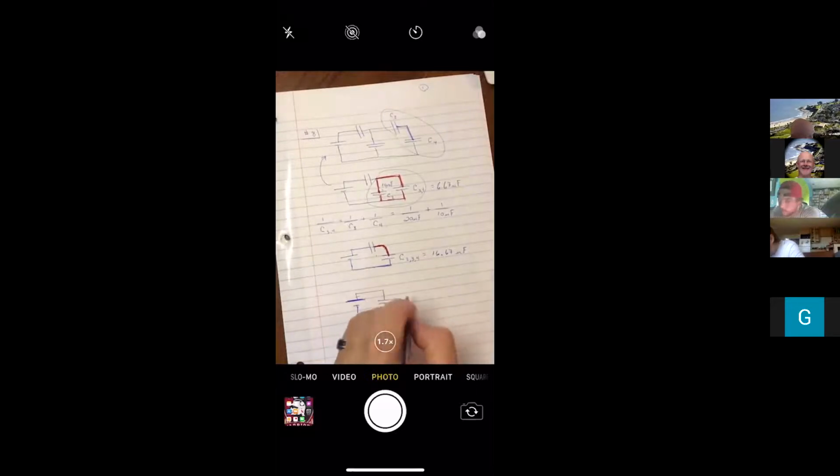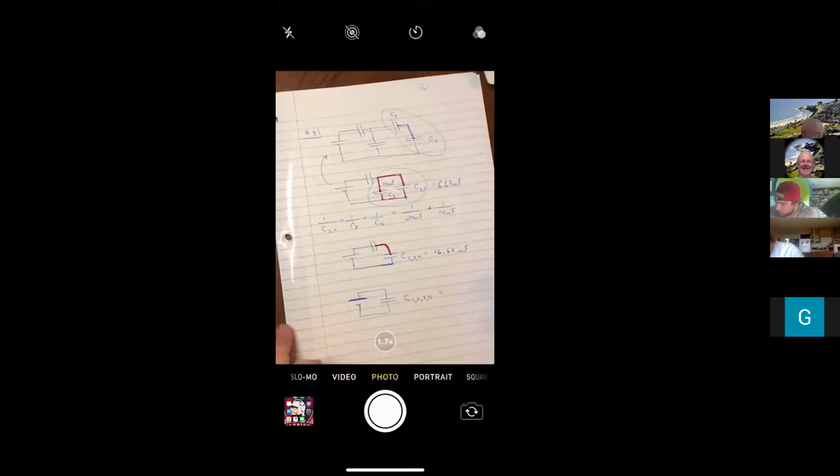So ultimately, if I call this the equivalent of the equivalent of the equivalent, this would be the equivalent of 1 and 2 and 3 and 4 all combined together. And of course, since they're in series, I have to do this reciprocal sum.